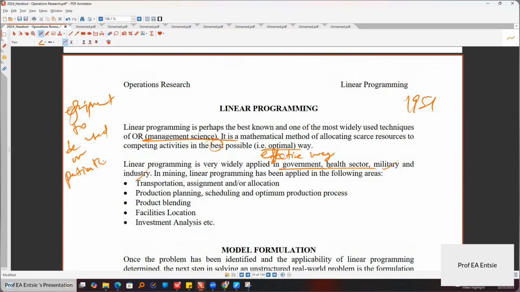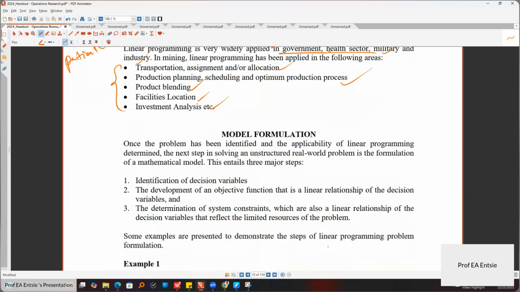Then transport. So all these ones are in place. Typically for mining, we have product blending, facilities location, investment analysis, transportation of materials from one site to another, assignment of operators or drivers to machines, allocation of resources, production planning, scheduling, and optimum production processes. All these ones are important for linear programming.